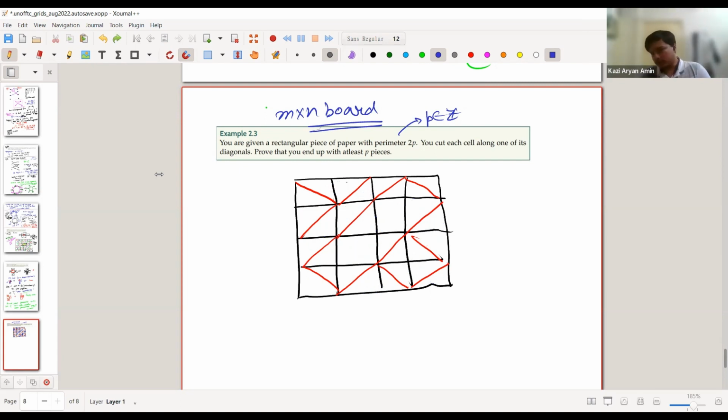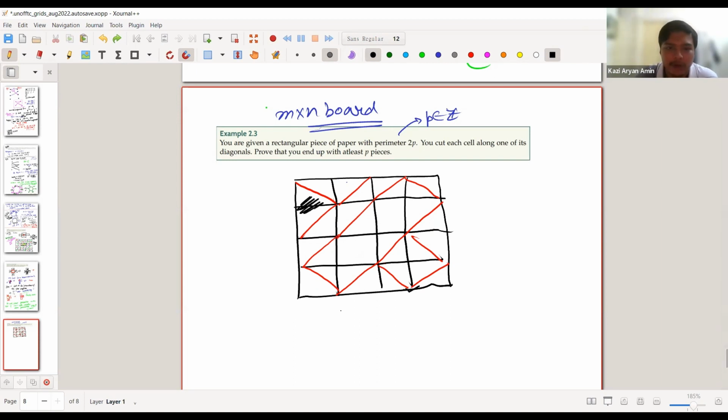So how do we approach this problem? First of all, we'll try to see how the perimeter idea is useful in this. There are two types of connected components in here. If we look at it carefully, one type of connected component is adjacent to some edge of the grid.